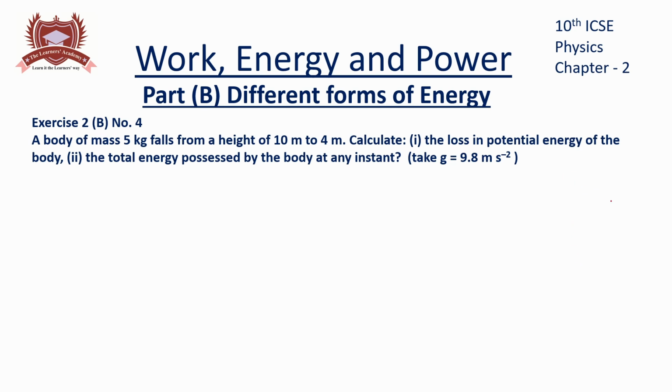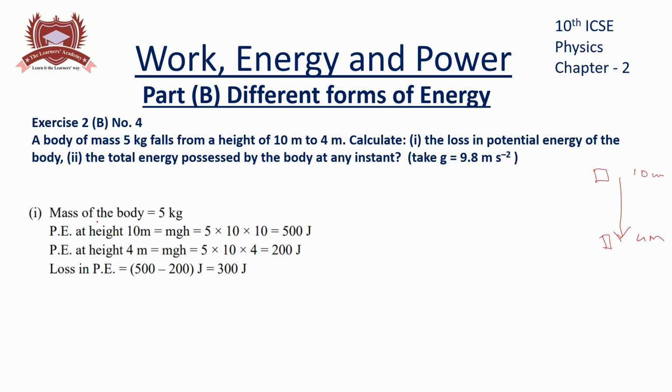That is, the body is at point A and it is being dropped from 10 meters to 4 meters. So it has come here. Now we have to calculate the loss in the potential energy of the body, and the total energy possessed by the body at any instant. So let us quickly go ahead and see what we get.